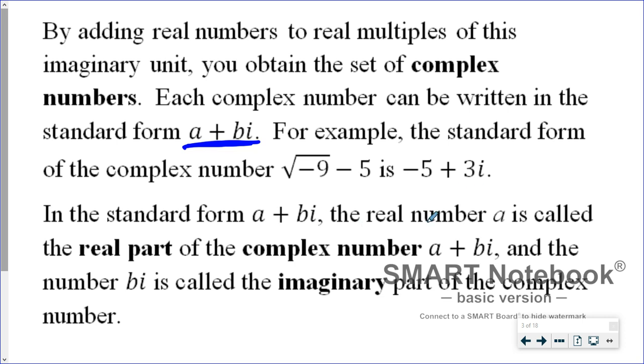In the standard form a plus bi, the real number a is called the real part of the complex number, and the number bi is called the imaginary part of the complex number. We should have seen all of this so far in Algebra 2. So hopefully none of this is new yet.